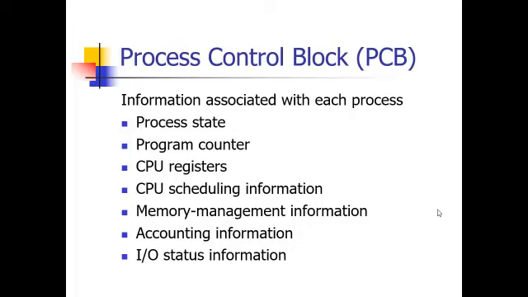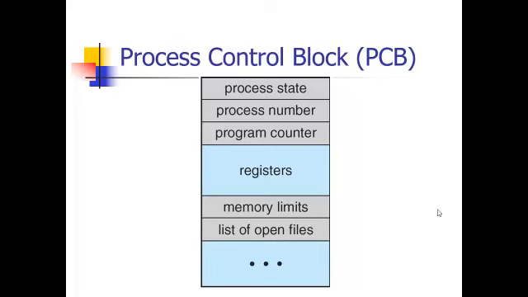In a diagram we can show the components of a process control block. We save the process state, process number, and the program counter, then the register values, and memory limits. So how much memory is allocated, what is the address space allocated for it, and how many files are associated with this process, and the global variables and temporary variables.